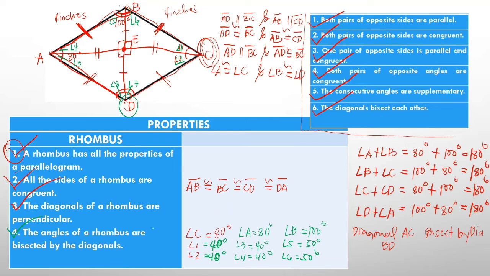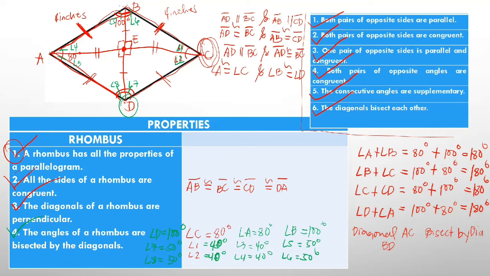And when we divide it in two equal parts, angle 7 is equal to 50 degrees and angle 8 is also 50 degrees. So now we have proved already that the angles of a rhombus are bisected by the diagonal.